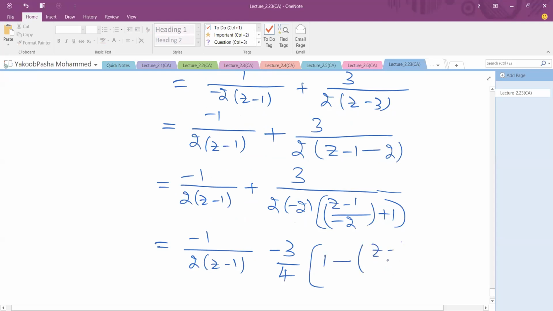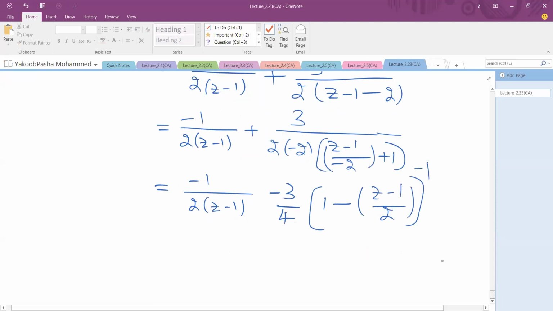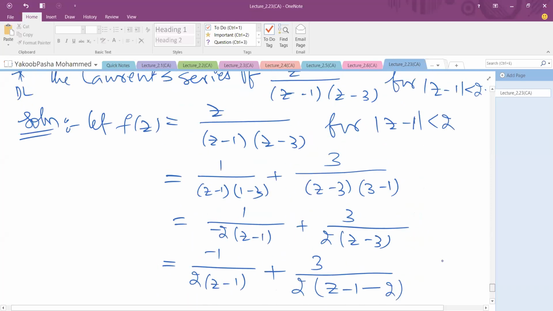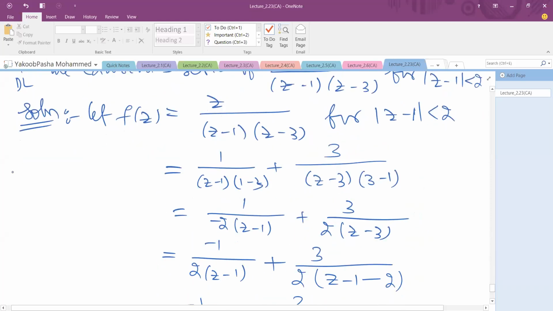z minus 1 divided by 2, whole to the power of minus 1. Here, what is our condition? What he has given is modulus of z minus 1 is less than 2. That means modulus of z minus 1 by 2 is less than 1.